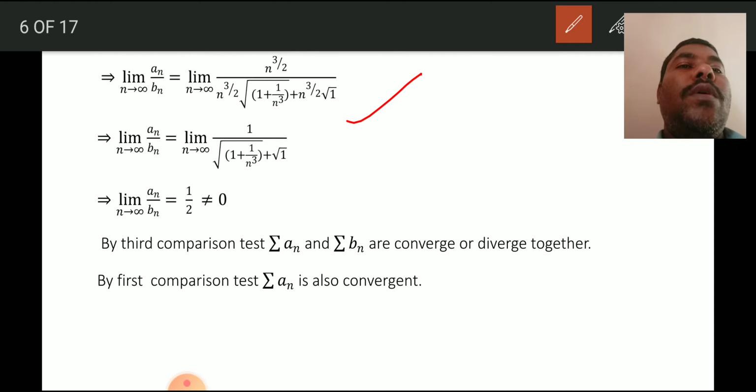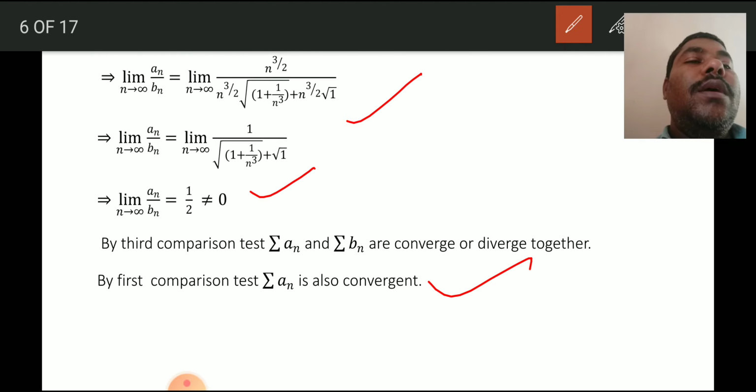After simplification we have half, that is not equal to 0. By the third comparison test, summation an and summation bn converge or diverge together. By the first comparison test, summation an is also convergent.